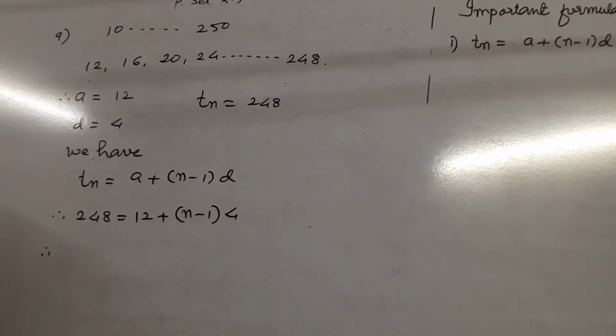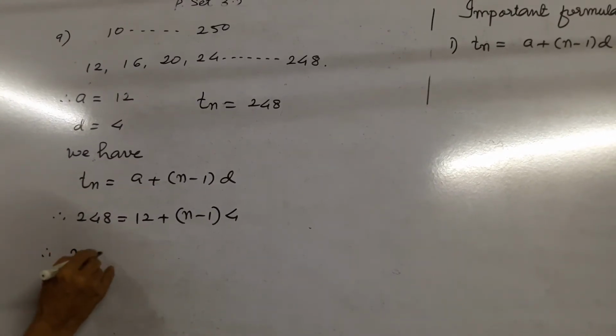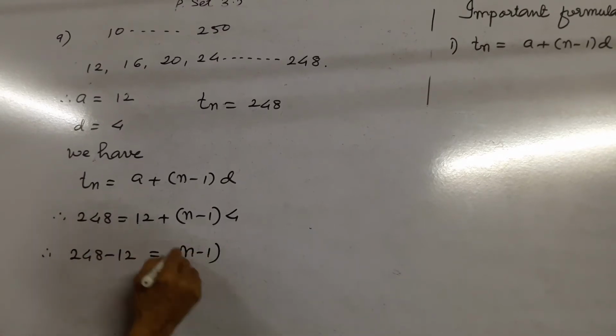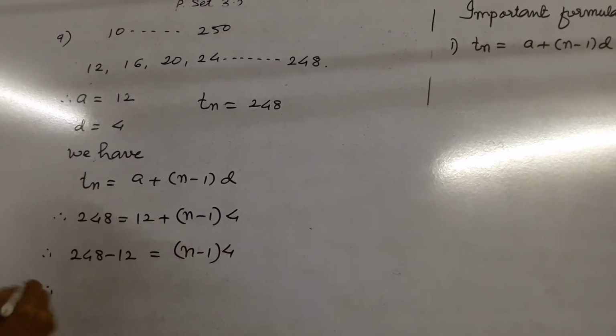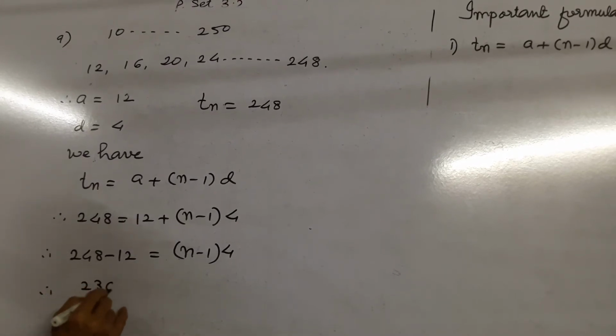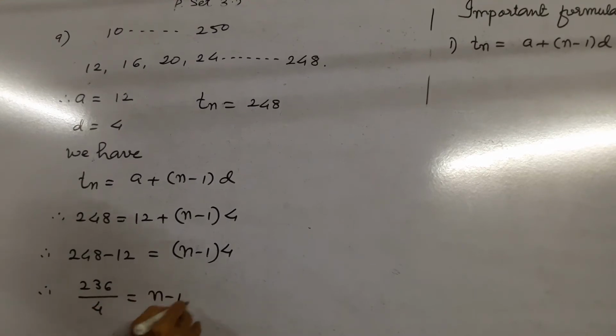Acha, bring 12 this side, so 248 minus 12 is equal to (n minus 1) into 4, and therefore 248 minus 12 is 236, and this 4 which multiplies goes to divide here, so we get n minus 1.